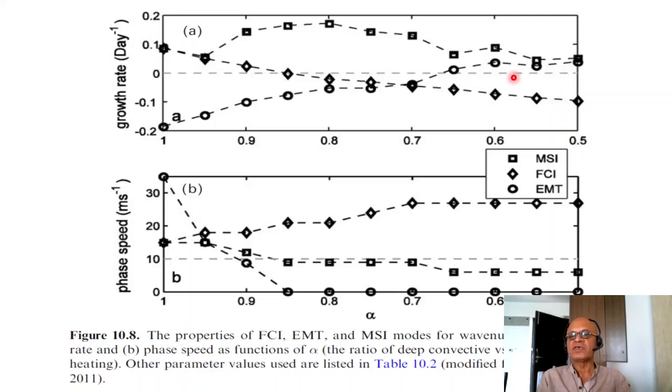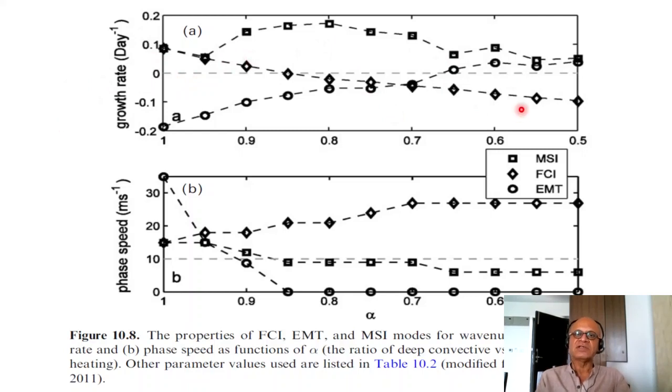So you have the EMT dominating at that point, but you can see that the multiscale interaction, which is a combination of frictional convergence instability and the eddy momentum transfer, can generate required growth rates at all ratios of alpha.